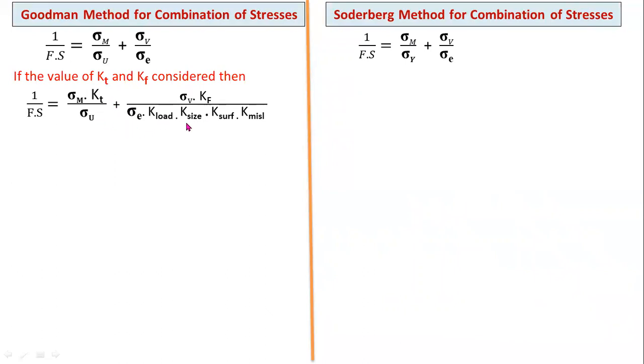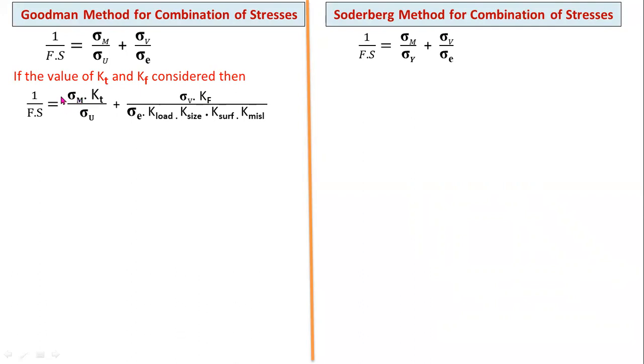Here K load, K size, K surface, K miscellaneous are the factors affecting the fatigue stress concentration: load factor, size factor, surface finish factor, and miscellaneous factor. KT is the theoretical stress concentration factor. KF is the fatigue stress concentration factor.